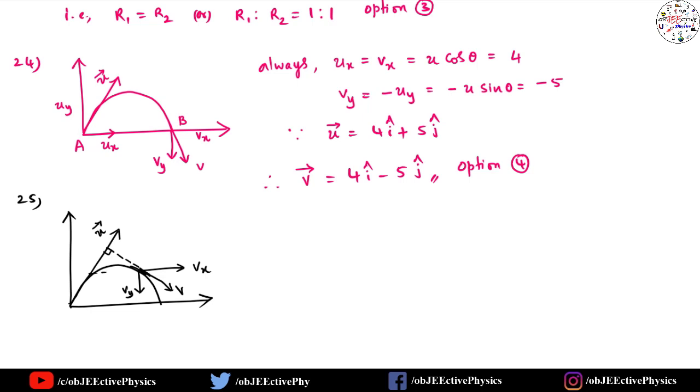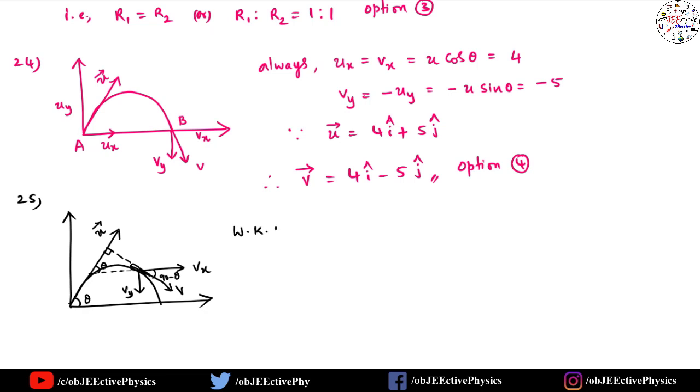So if we complete the triangle here, this is angle of projection theta, here also angle of projection theta. And third angle in the triangle, one angle is theta, one angle is 90 degrees, so third angle becomes 90 minus theta.